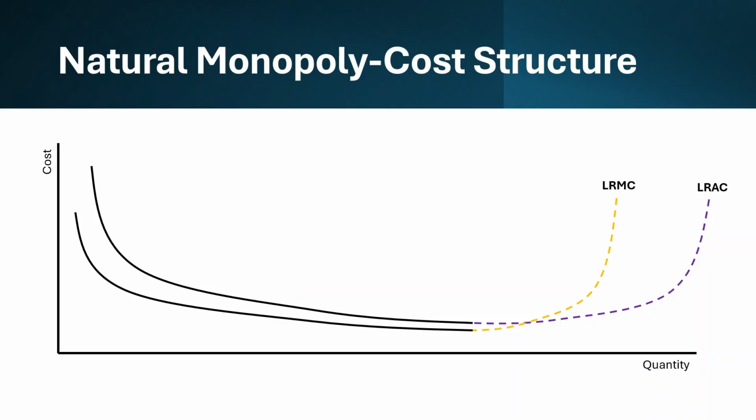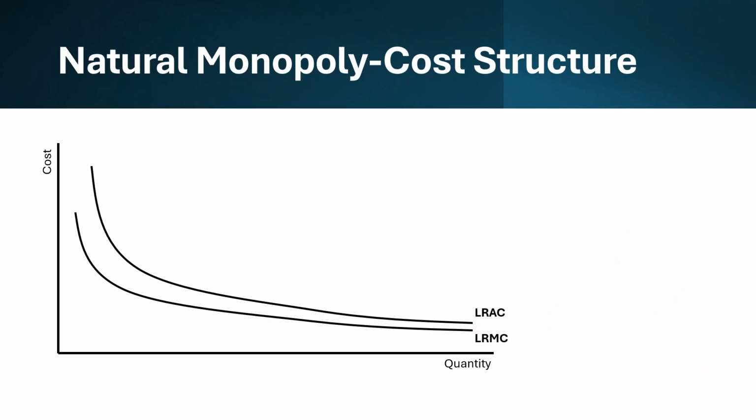In theory, LRMC intersects LRAC at its minimum point. But in a natural monopoly, this minimum occurs at a very high level of output, often beyond market demand. So, in practice, we mainly observe the downward sloping part of both curves. This is why, in a natural monopoly, the cost curves are actually shown like this.